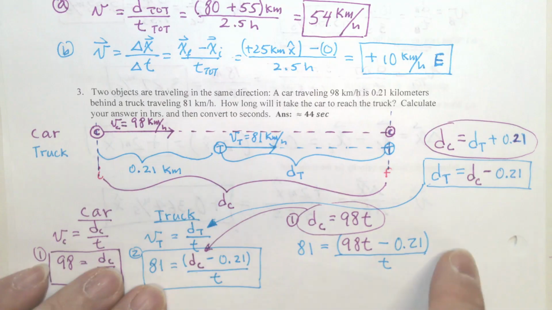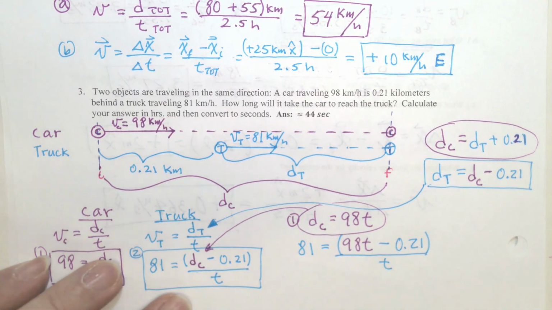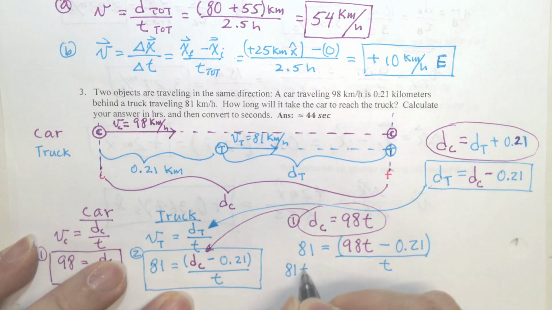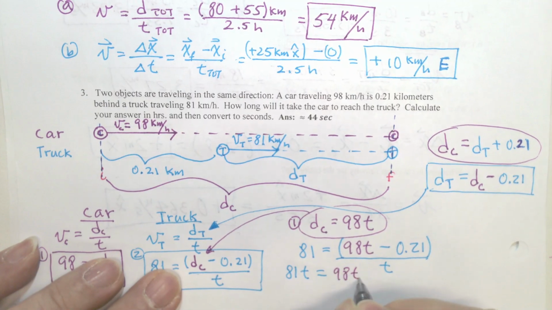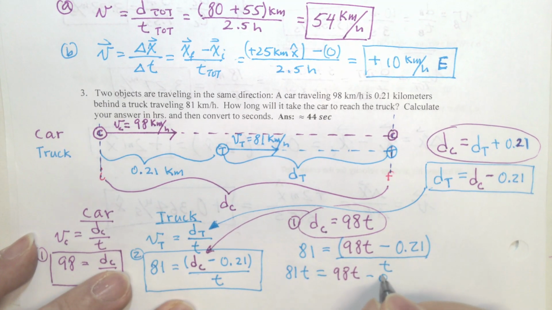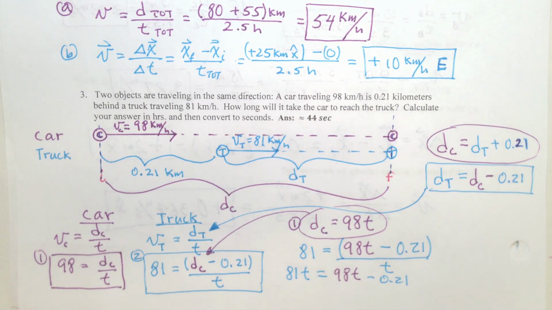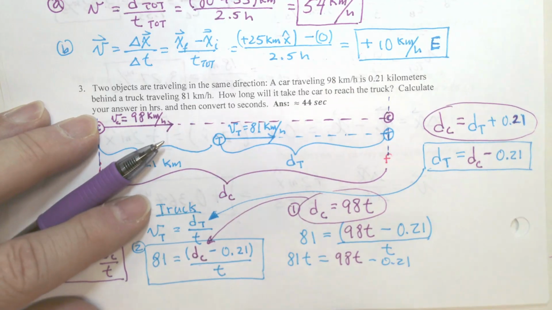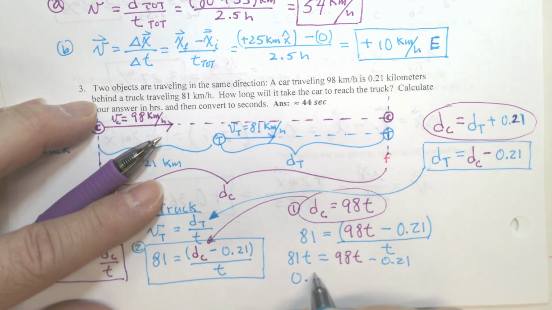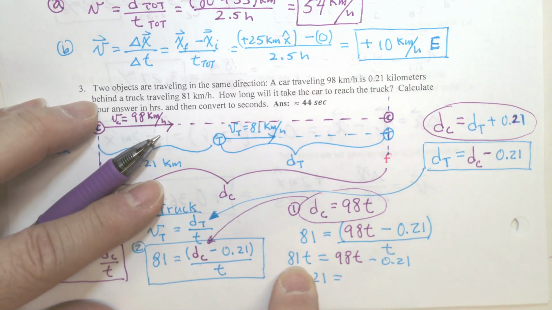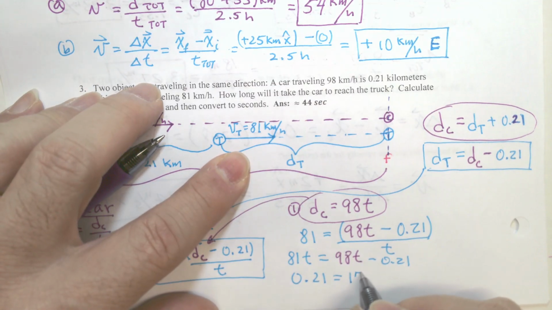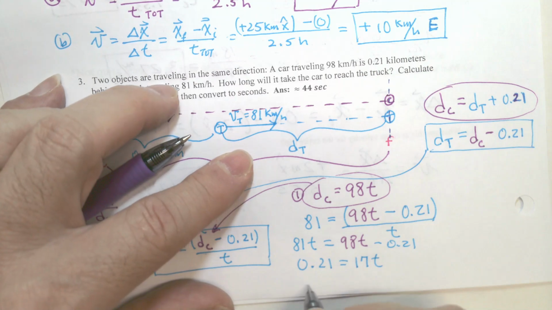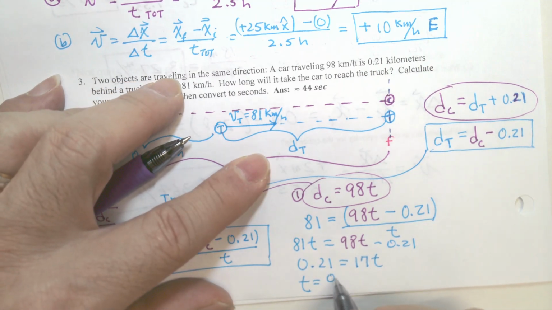Well, if I multiply both sides by time, this time goes away, and I would have 81t equal to 98t minus 0.21. If I bring this negative to the other side of the equal sign, it becomes positive. And then bring this by subtracting 81t from both sides, and I get 17 on this side. So my time t is equal to 0.21 divided by 17.